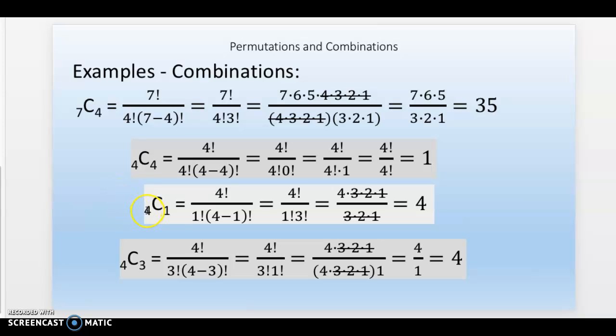The second one, from 4, pick 1. There's 4 ways to do that. You just pick 1 each time of the 4. There's only 4 groups of 1 from 4.